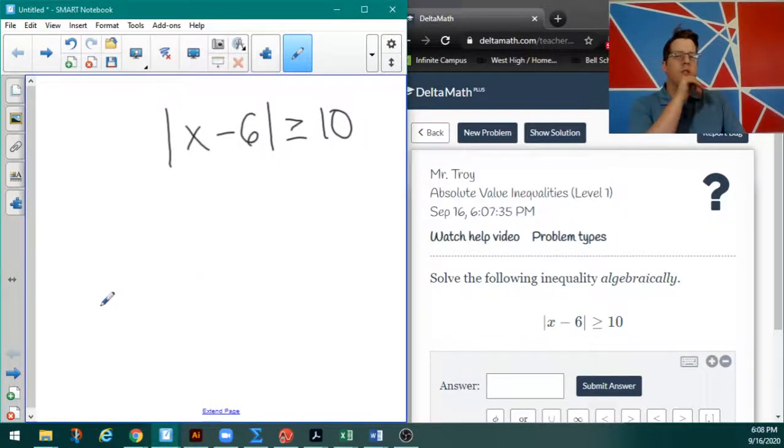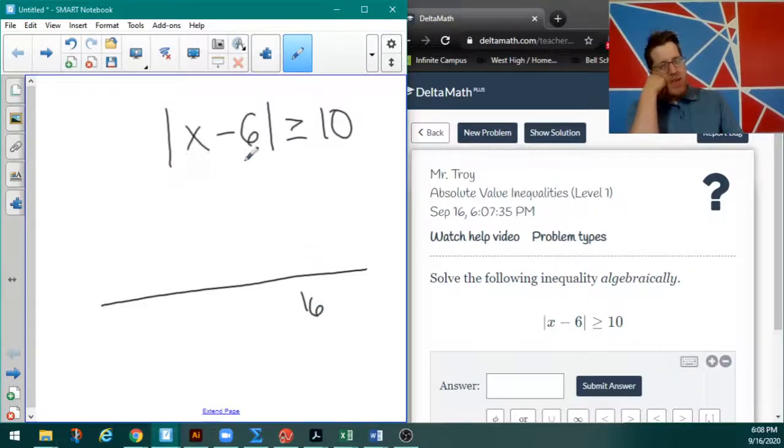So my critical values here are going to be 16, because 16 minus 6 is 10, and negative 4, because negative 4 minus 6 is negative 10, and then when you take the absolute value, you get 10.